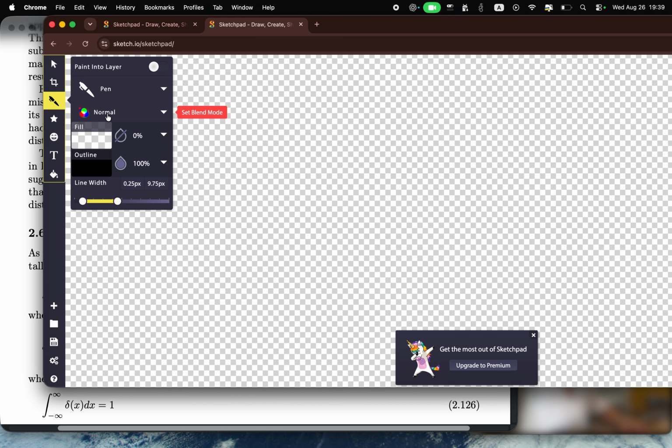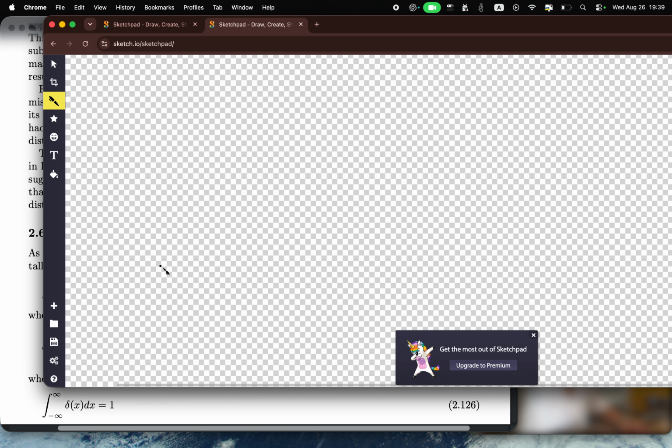So the normal distribution is something like this, and this is the mu, and this is the sigma squared, called the variance, and this is the mean.